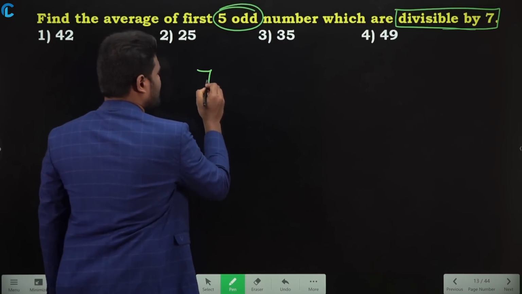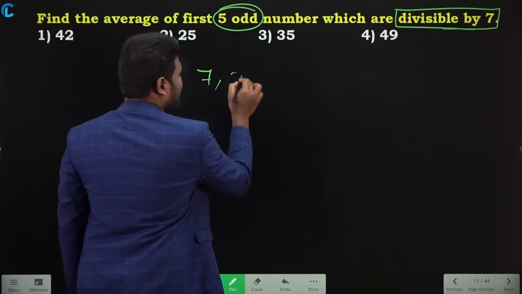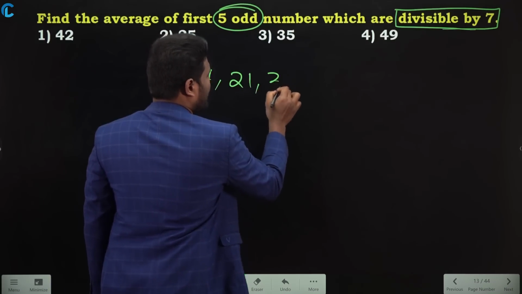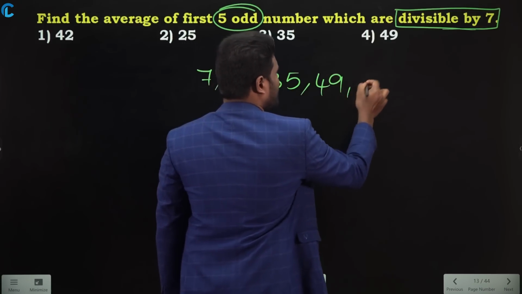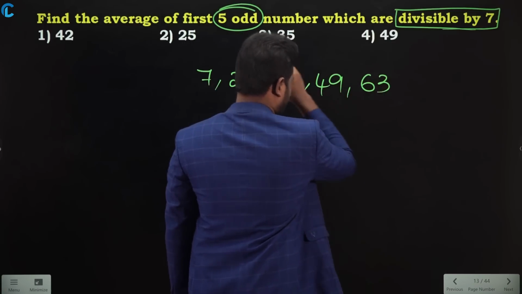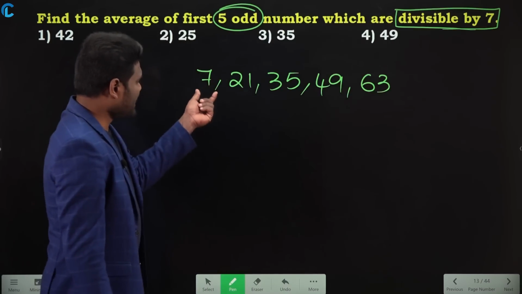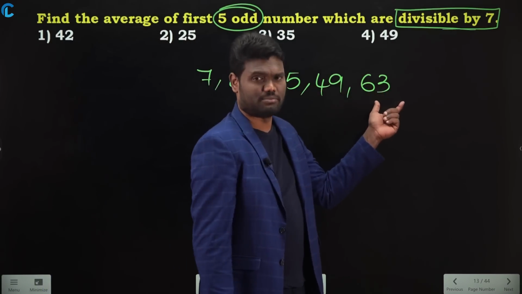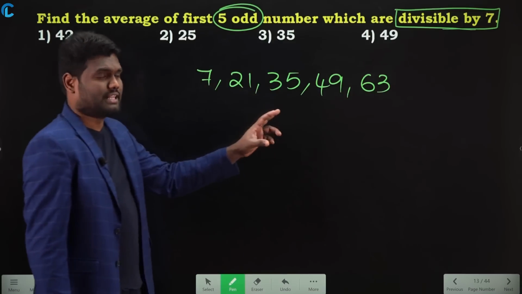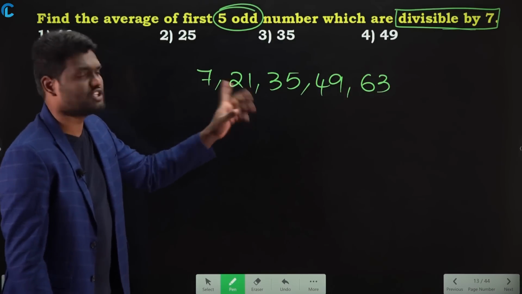So the numbers are nothing but 7 and next 21, next 35, next 49, next 63. Yes or no? 7 1 time, 7 3 times, 7 5 times, 7 7 times, 7 9 times. These are the first 5 odd numbers which are divisible by 7.